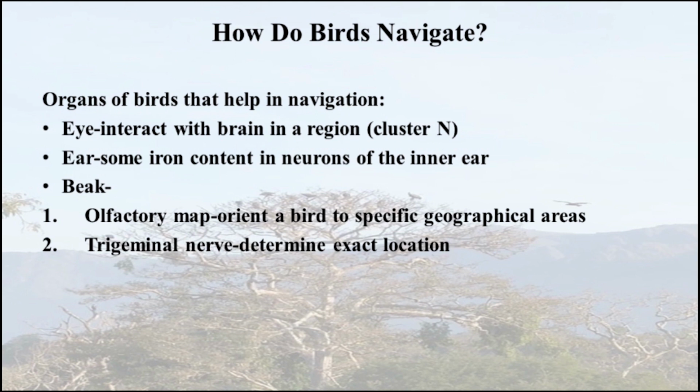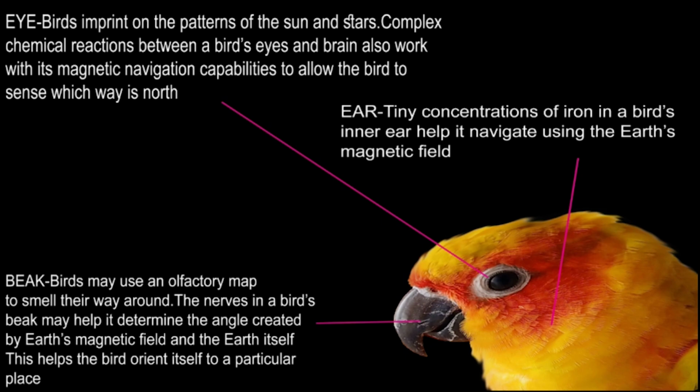Researchers think the trigeminal nerve may help birds evaluate the strength of the Earth's magnetic field, which is stronger at the poles and weaker at the equator. Hence, the eye, ear, and the beak, along with the brain, play an important role in navigation during migration.